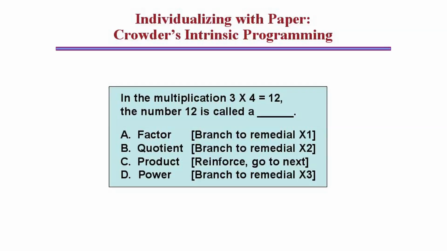And then, of course, you got Crowder's intrinsic programming, which we've all seen. You give a question or a statement or something like that up here, and then you ask a question about it. And then if they get it right, you say, whoopee, you did it right, you go on to the next. But if they don't, then you figure out what they don't know, and then you branch to appropriate remediation based on what they don't know.